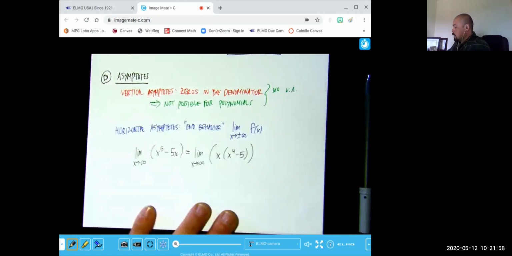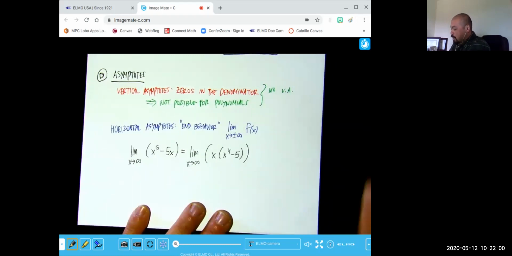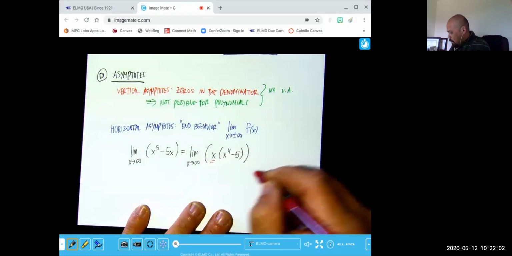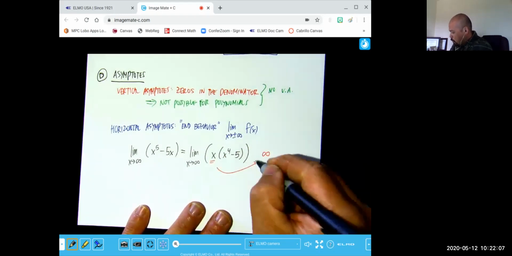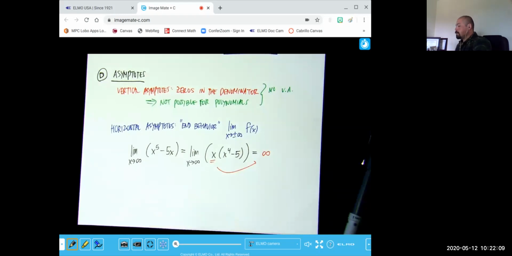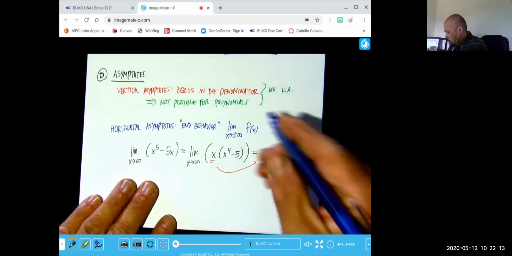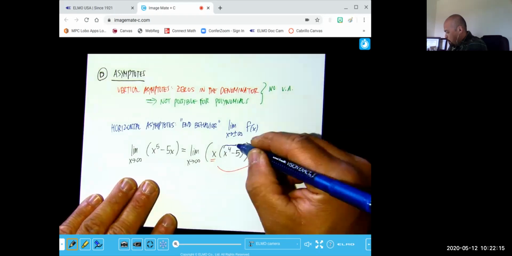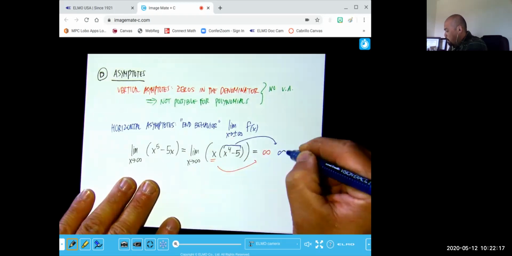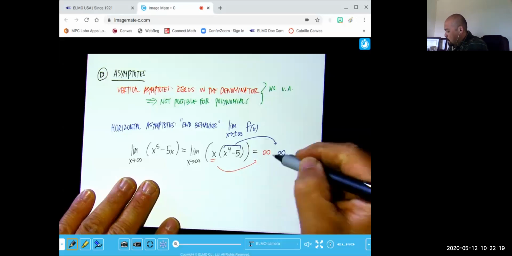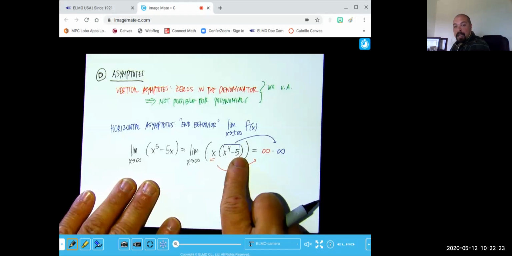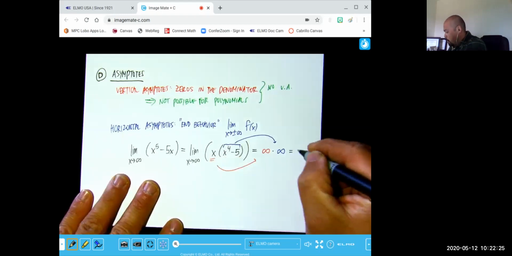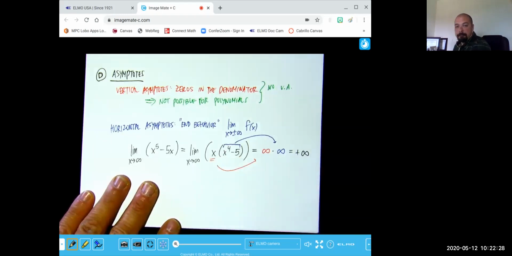When I take this limit as x goes to infinity, that x is going to go to infinity. Let's put this equal sign in. x to the fourth minus 5, that's going to go to positive infinity. Positives throughout, and when we multiply a really big number times a really big number, that's just going to stay positive infinity.